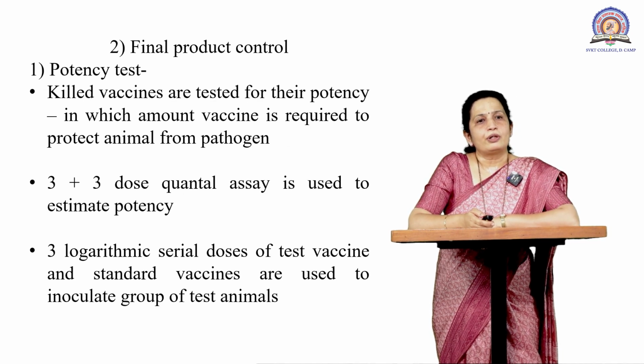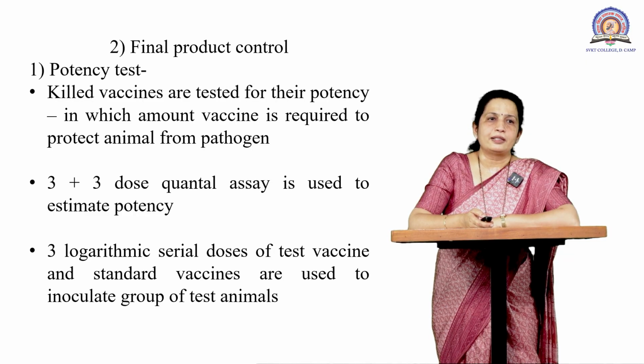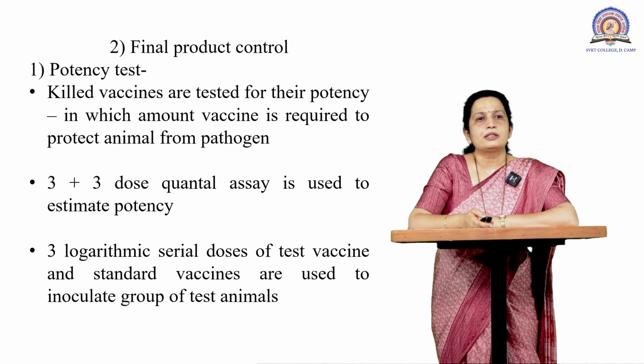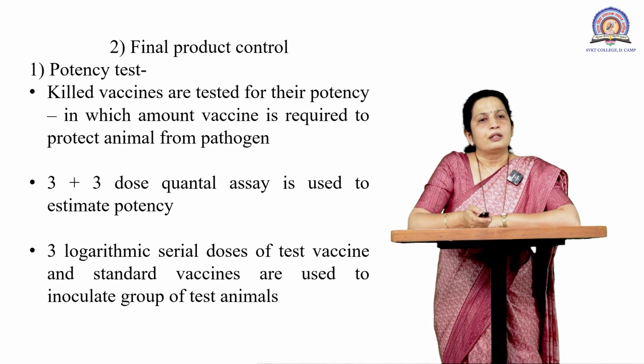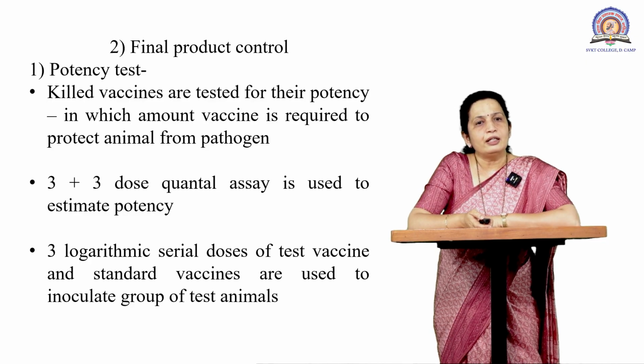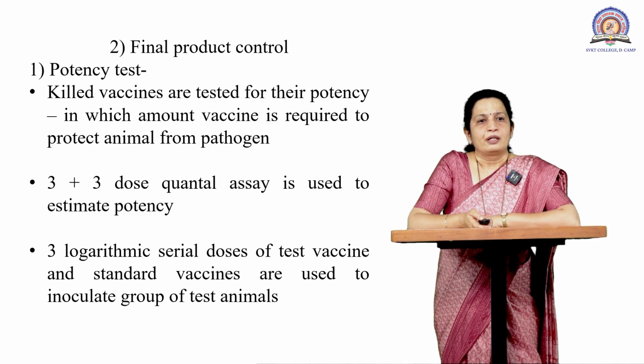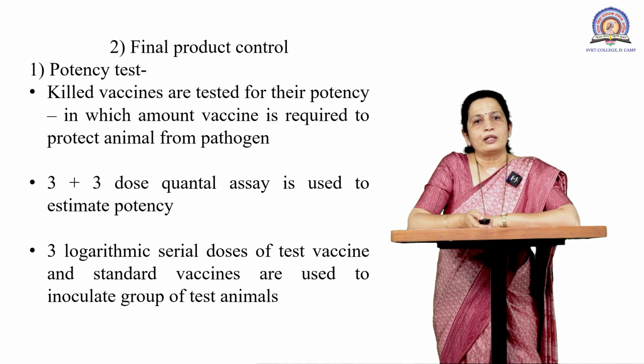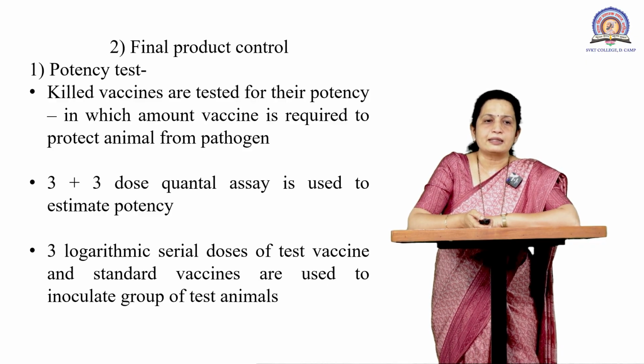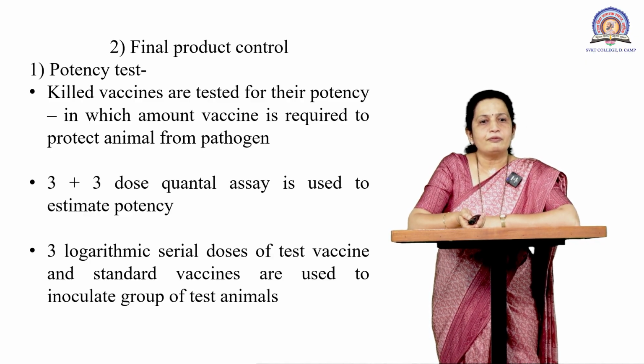Then final product control includes potency test. Now the meaning of potency is to check its power. Now this potency testing of the killed vaccine is done by 3+3 Quantal assay. Now why this 3+3 Quantal assay? In this case, there are 3 logarithmic serial doses of the vaccine, compared with the standard vaccine.